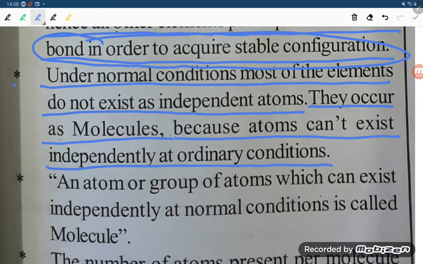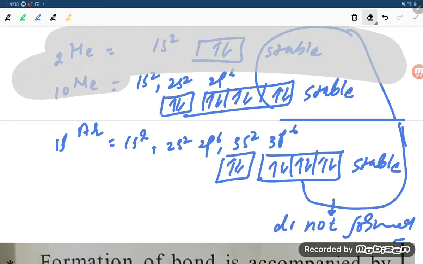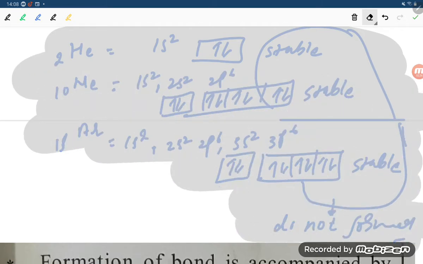So they are saying that under normal conditions most of the elements do not exist as independent atoms. If normal conditions are there, student, atoms do not exist independently.